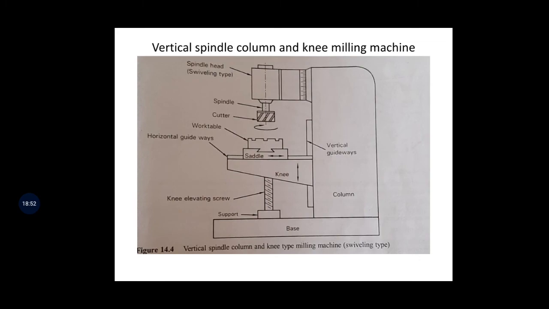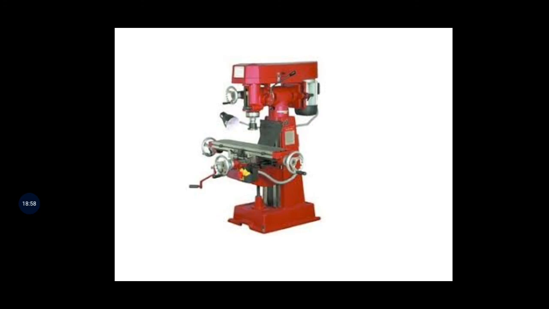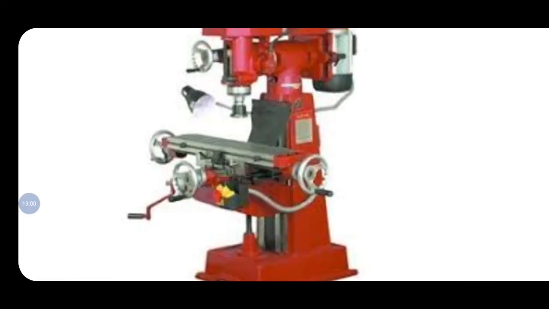This permits working on angular surfaces of the workpiece. You can see the photo here: the vertical spindle, work table, base, and column.